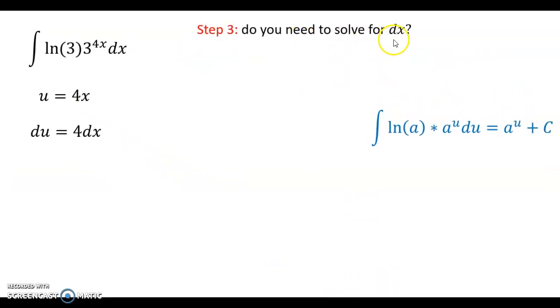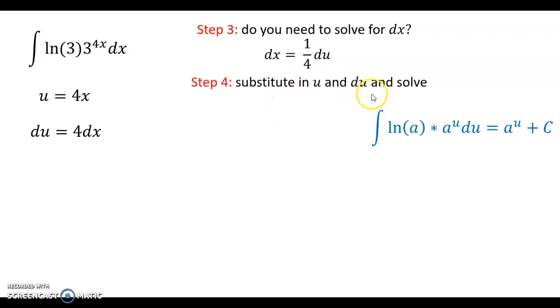So, do you need to solve for dx? dx is by itself here, and it's not here. So, what if we divide both sides by 4? We end up with dx equals 1/4 du. So when we replace this in for dx, we've got to make sure we get that 1/4 du. So substitute in, that's going to be u, and this dx changes to 1/4 du.